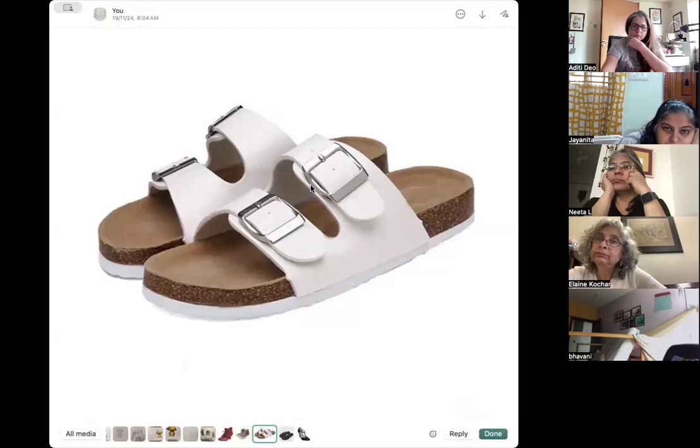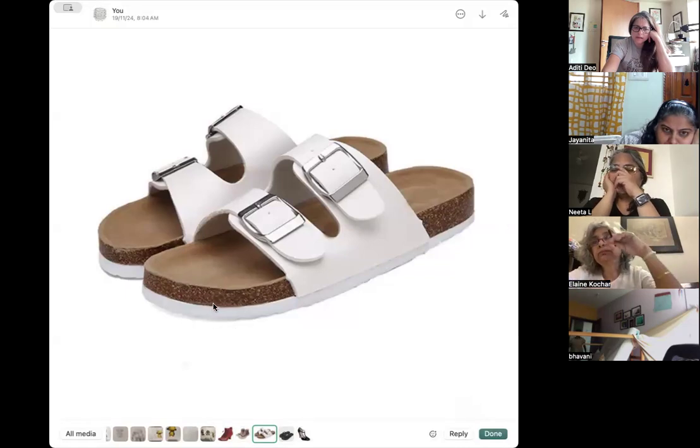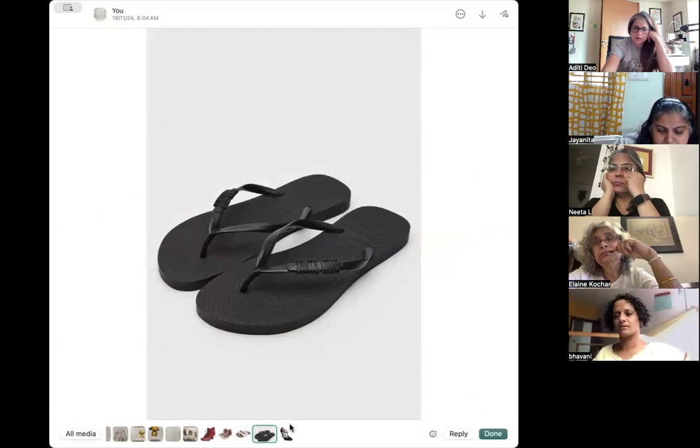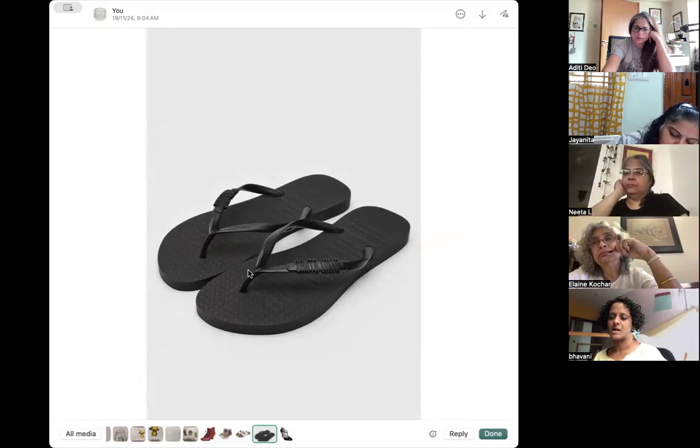Here is the more simplified version where you have a very basic base sole, and then just a very basic form to hold your foot in place. And over here you have a form that allows the foot to hold the sole in place.